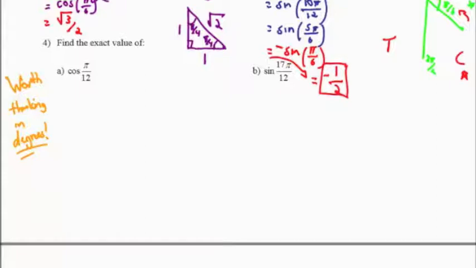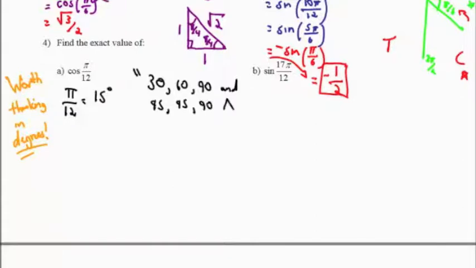Now we know that we don't have any exact term for pi over 12 right away, but we should know that pi over 12 is equal to 15 degrees. I just did that calculation using 180 divided by pi. That gives you 15 degrees. And then the question becomes, and this is me thinking now, how can I rewrite this angle in terms of the 30, 60, 90 triangle and the 45, 45, 90 triangle?